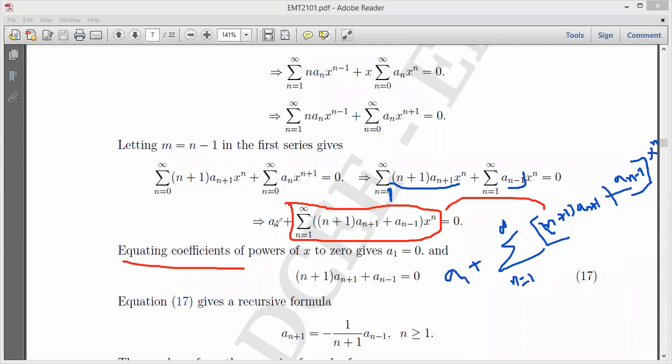So for x to the 0, it means you remain with this one. This is the one we got when we equated, when n was 0. So remember, it is x to the n. So when n was 0, x to the 0, which was 1, it gave us a1. So it means this a1 will be equal to 0, which is this one here.